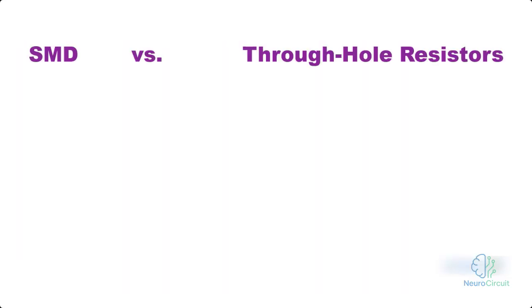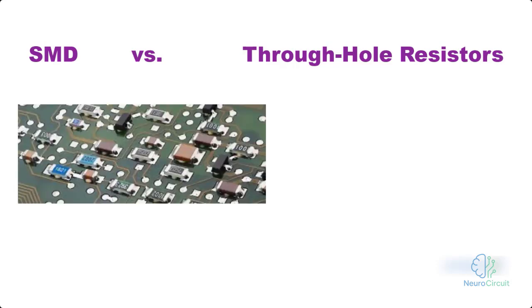SMD vs through-hole resistors. SMD, or surface mount device, resistors are smaller and are mounted directly onto the surface of a printed circuit board, or PCB. They are used in compact and miniaturized circuits.